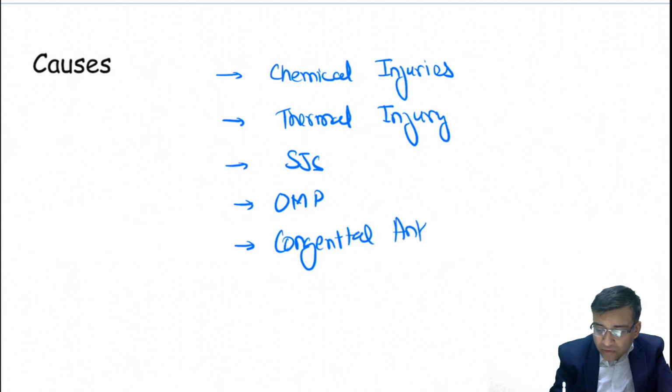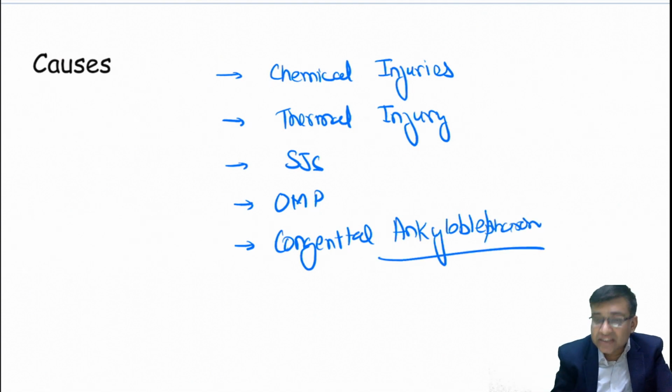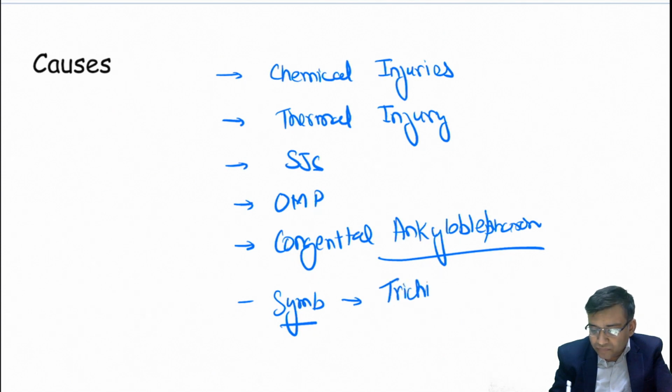Congenital ankyloblepharon is seen basically in a very small child, and the picture that you are seeing may be of a patient of congenital ankyloblepharon. We usually do not see congenital symblepharon, but symblepharon can be seen in some conditions like trichiasis as well. Okay, so these are the important causes of ankyloblepharon and symblepharon.